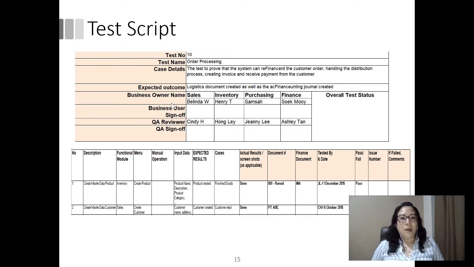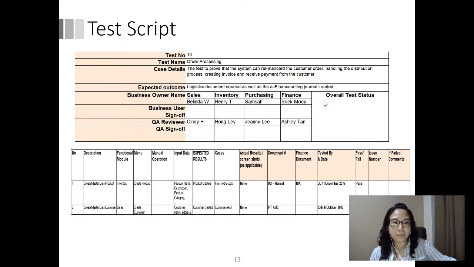You can just put your name, but later on if we do the real project, then the name here will be our username. And the QA reviewer here will be stated as the consultant or the programmer name. For example, if I am responsible for the sales process, then I will put my name under the module sales.